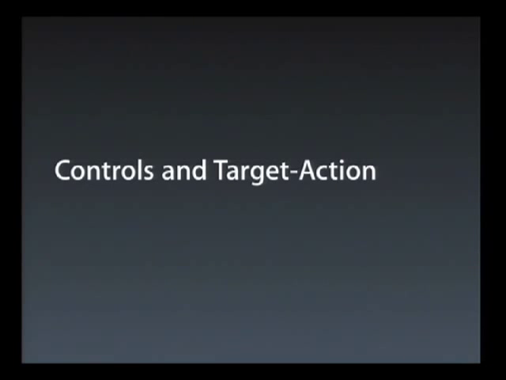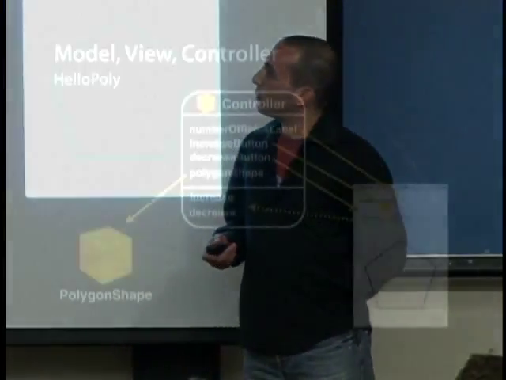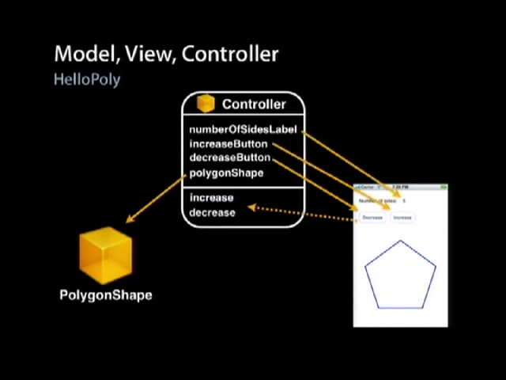Now, controls and target action. This is something we also saw on the first day. This is a way for different controls, whether they be sliders or buttons, to let your application know that something has changed. So if we take a look at the project that we're going to look at later, your controller has a couple of different outlets here.